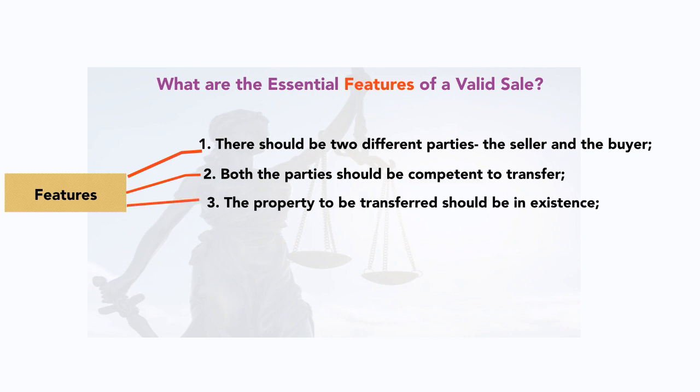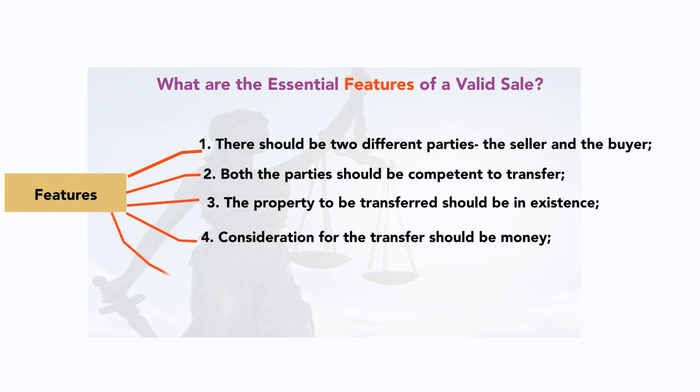Next one is, the property to be transferred should be in existence. What does it mean? The property that you are going to sell or transfer has to be in existence. It's not that you are just creating some property in the air and selling that property, which really doesn't exist. So it must be existing property. Next one is, consideration for the transfer should be money.